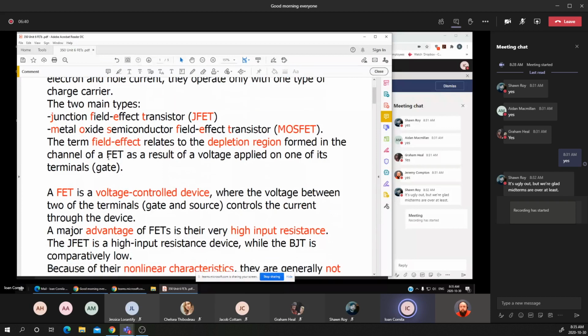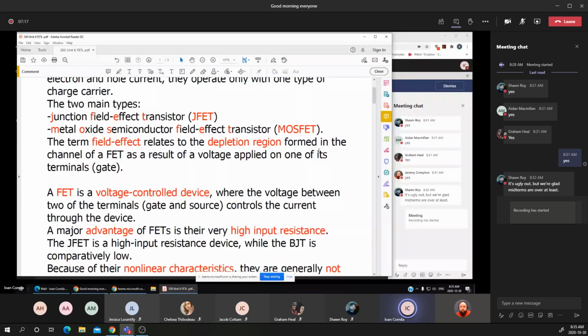Okay, now let's see what is the main difference between an FET and a BJT. Remember that a field effect means that for the FETs, the depletion region will adjust the current that flows between the two terminals, between the drain and the source.